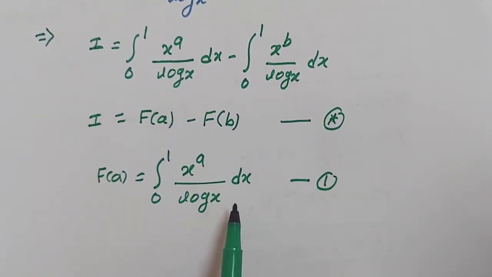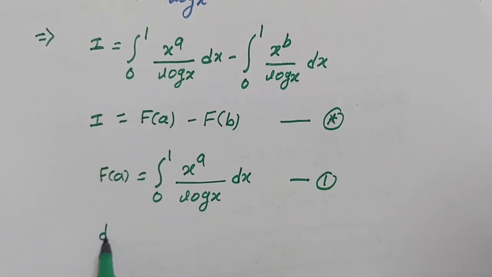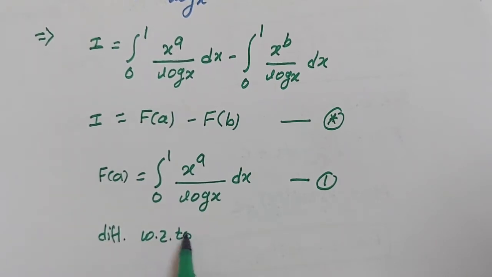Here this is a function of a, so we can differentiate this term with respect to a because we want to use differentiation under the integral sign. So now differentiate with respect to a by using the Leibniz rule.